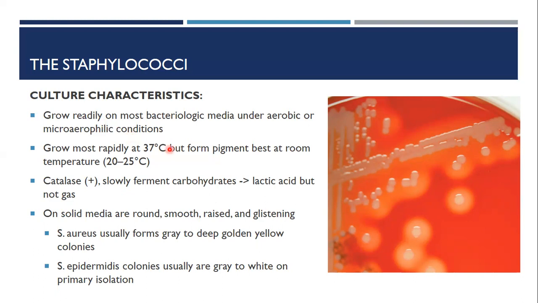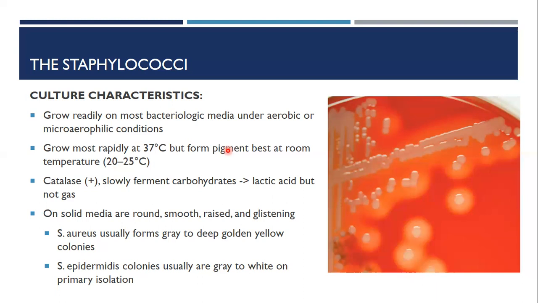These organisms, rapidly growing at 37 degrees centigrade, produce pigment. They produce pigment at room temperature, which should be 20 to 25 degrees centigrade. And this pigment is characteristic of Staphylococcus, depending on the species.